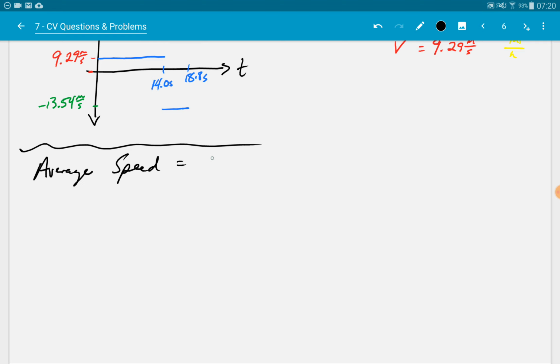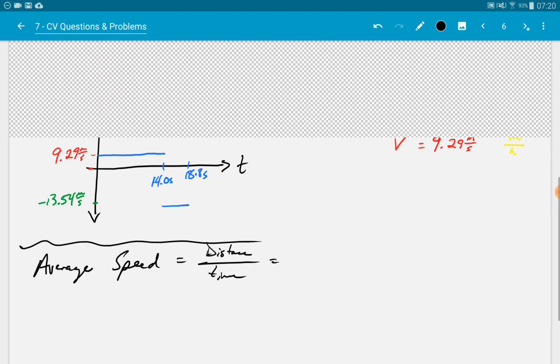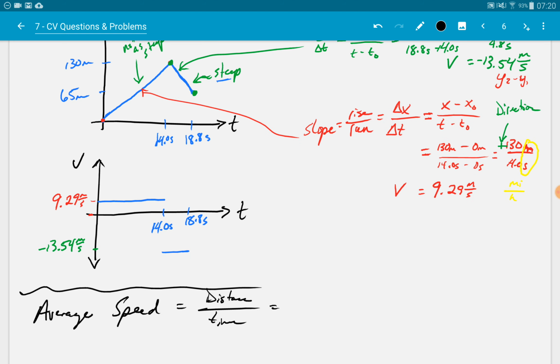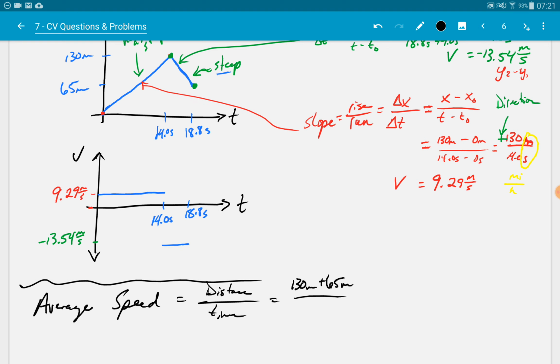We know that my average speed there is just going to be my total distance over the time that I traveled at. What's my distance in this case? Well, let's just add it up here. I went 130 meters when he was going away from the trainer, and then I went another 65 meters when I went back. Remember that distance doesn't have a direction, so I'm just adding up all the positive bits of that.